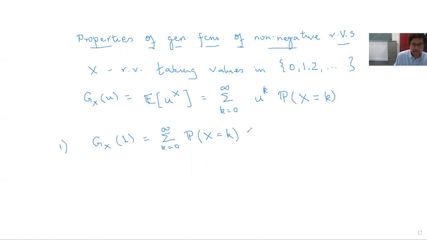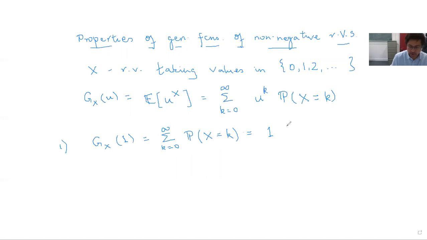And then this is 1. It's the sum over all possible values k of the probability that X takes the value k, and so by the law of total probability, this is 1.